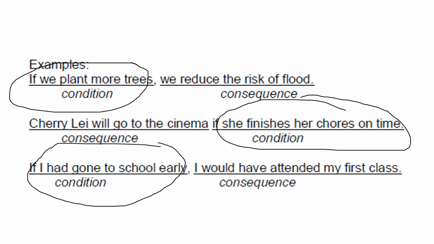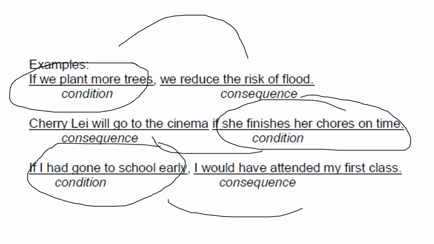So, if there is a condition, there will be what we call consequences. So, I'm hoping that you understand this topic, since when it concerns this topic, we're going to realize the importance of using conditionals in sentences.